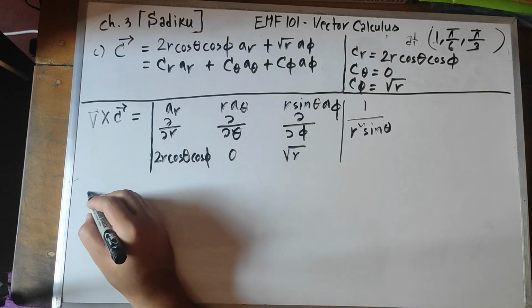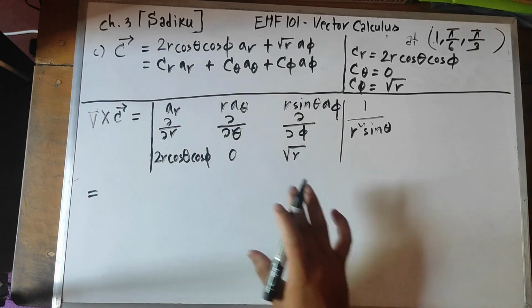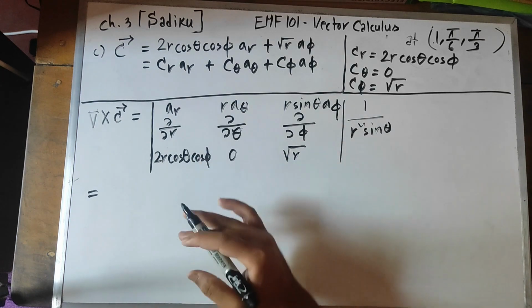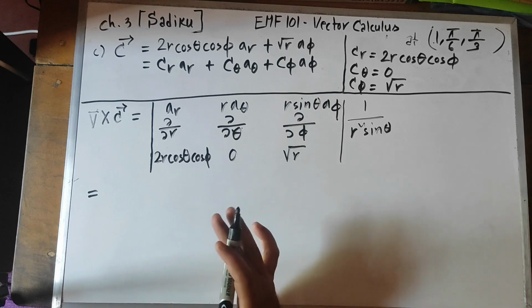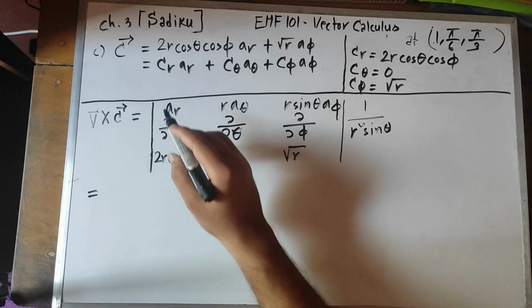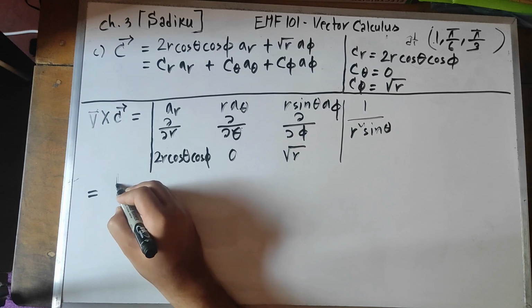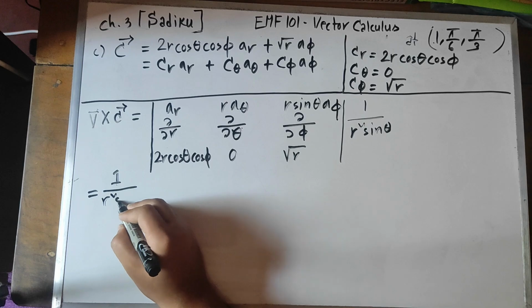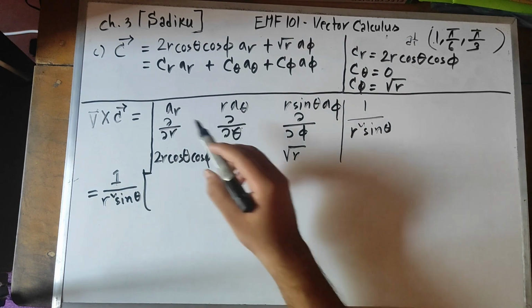This will take a long time, so I'm going to do it in a very short and straightforward way, not writing any extra lines. So this will give us 1 by r square sin theta.